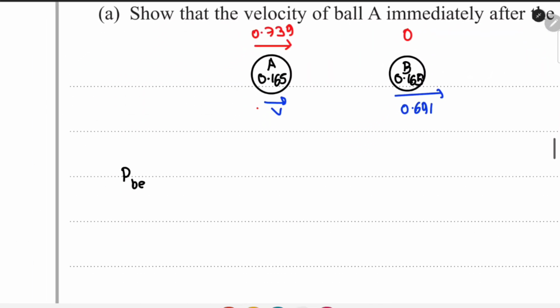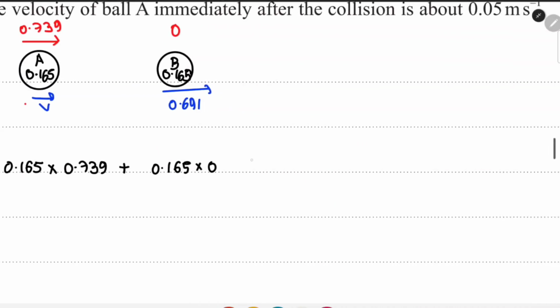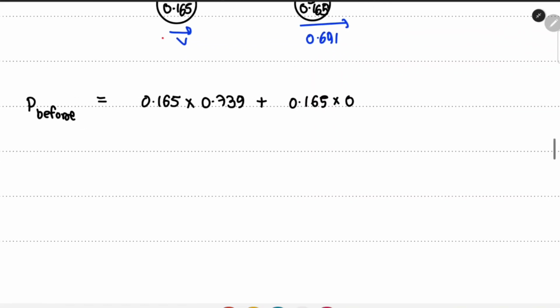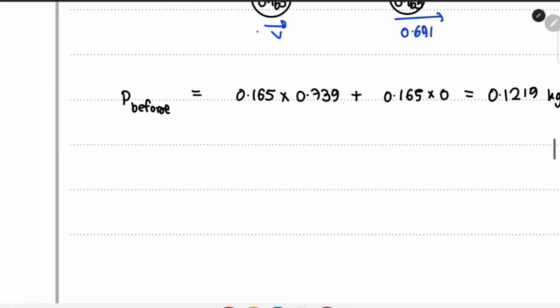So momentum before equals, I'll do mass into velocity, 0.165 into 0.739 plus 0.165 multiplied by 0. This is 0.1219 kg m/s.